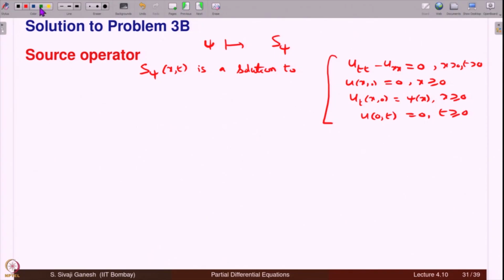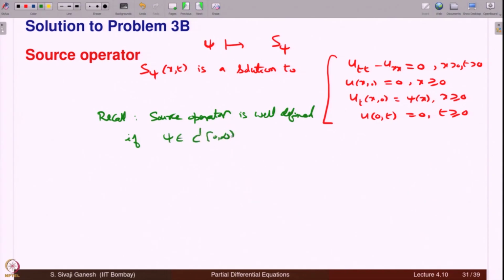So, recall that the source operator is well defined if psi should be a C1 function and psi of 0 must be 0.